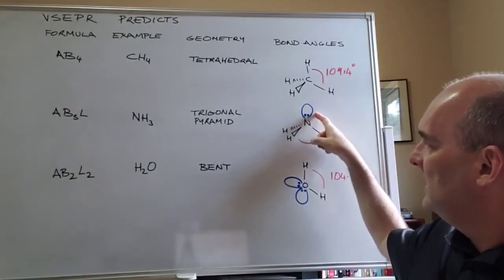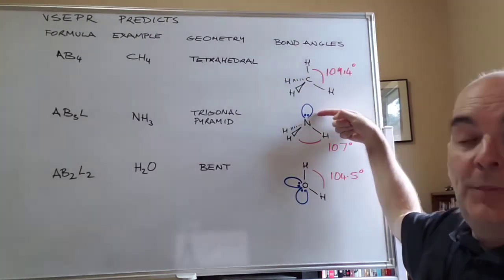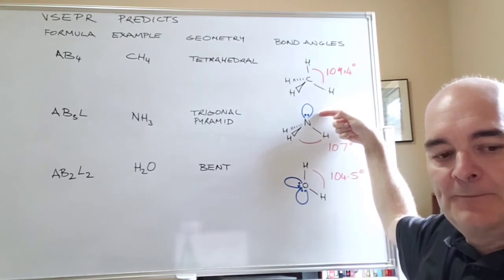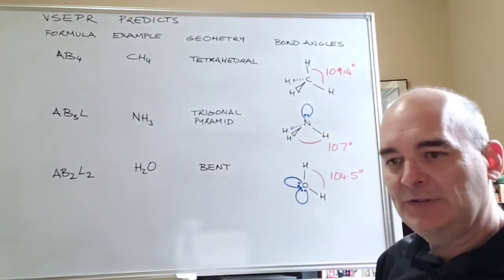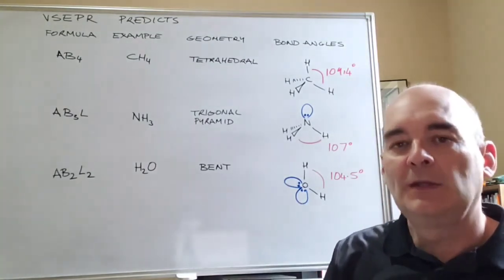I've taken this space that used to be a bond, and I've put a lone pair, a non-bonding pair of electrons there. Now, we represent a non-bonding pair of electrons with a pair of dots.